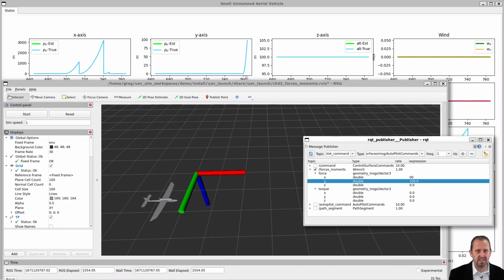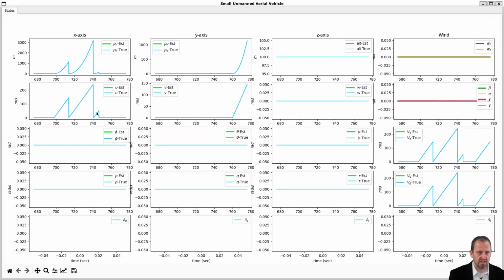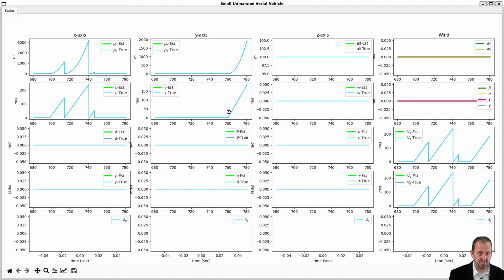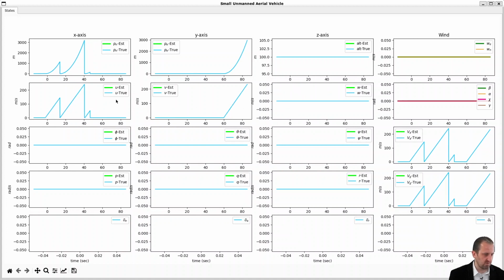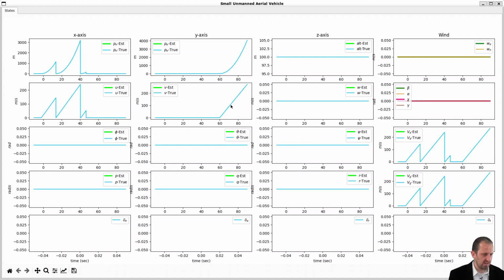We get that same quadratic relationship in our east direction, so our position in the east direction. And we should also look at how the forces affect our velocities. They affect our velocities in a linear fashion, which is really cool. This second row right here is our velocities, so we have U, V, and W, and the forces affect those in a linear fashion.